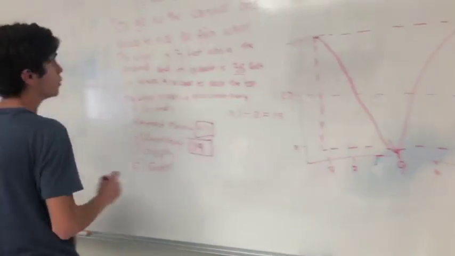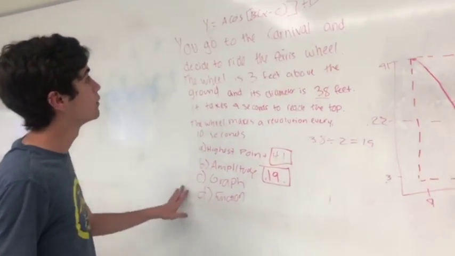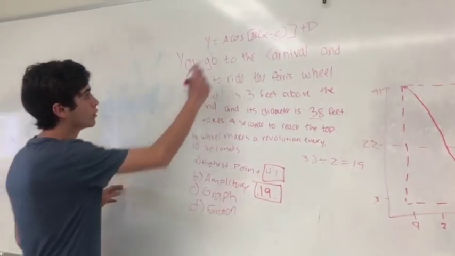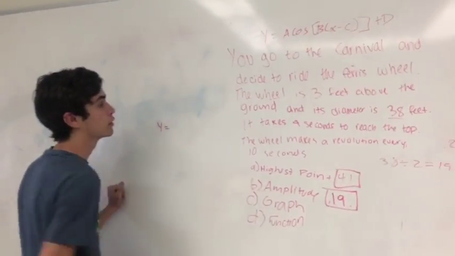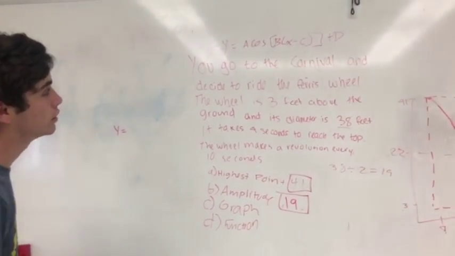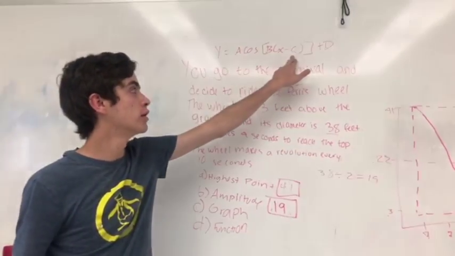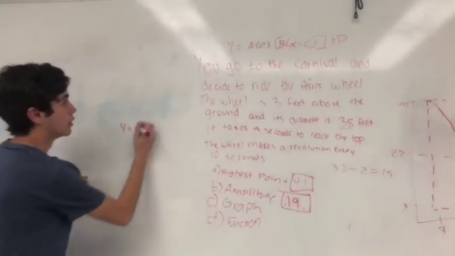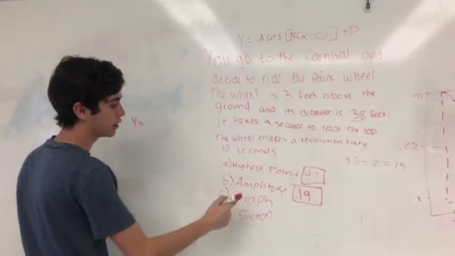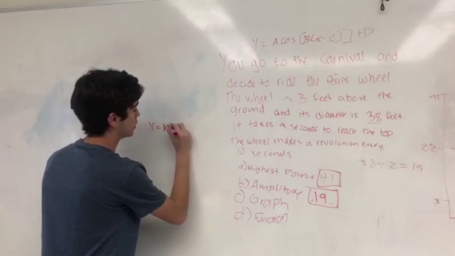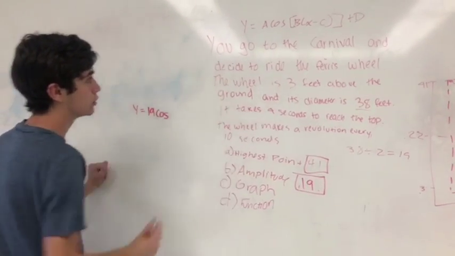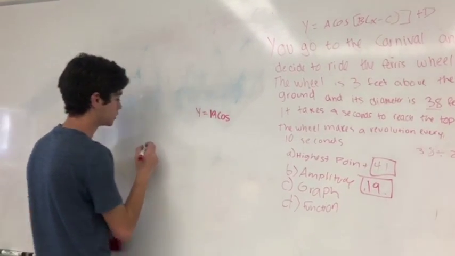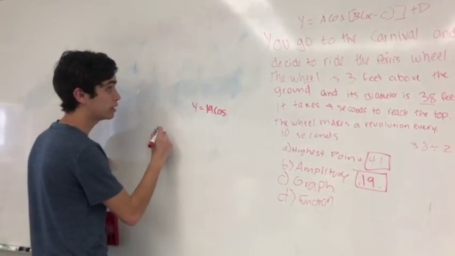And now, in order to get the final function, we already know that the function is y equals a cos times b x minus c plus d. So we already have a, that is the amplitude, 19 cos, and in order to get the b, we know that the period is equal to 2 pi divided by b.